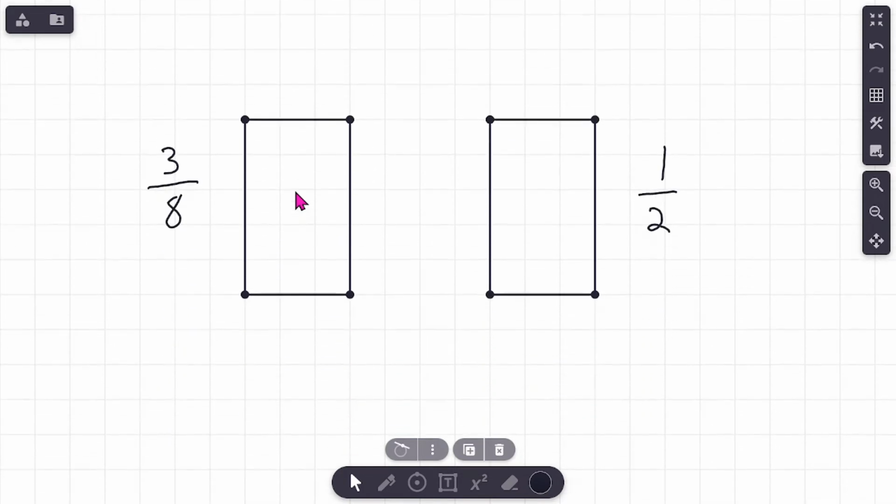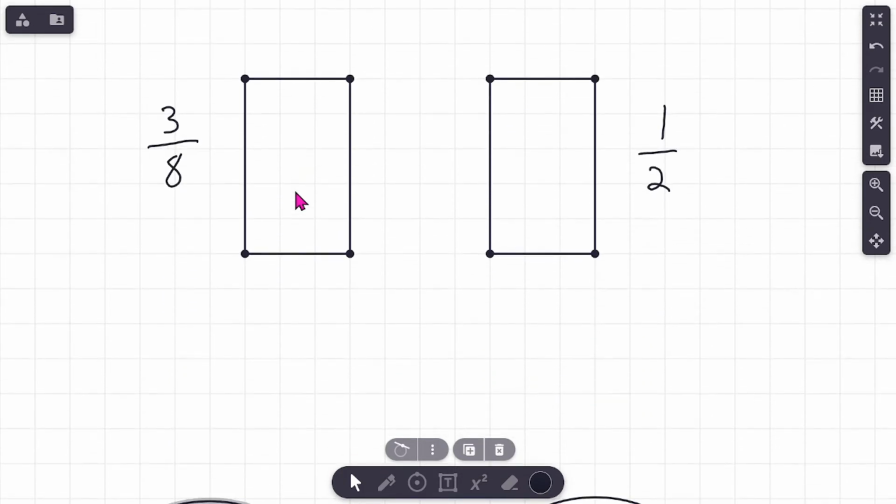Other times you may draw a rectangle and do it vertically. Doesn't really matter. Make sure though, listen to this, make sure that your models are the same size. Notice this model on the left is the same size as the model on the right. That is really important if we are going to compare 3/8 and 1/2.